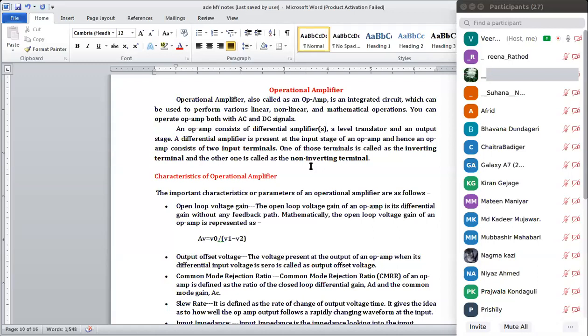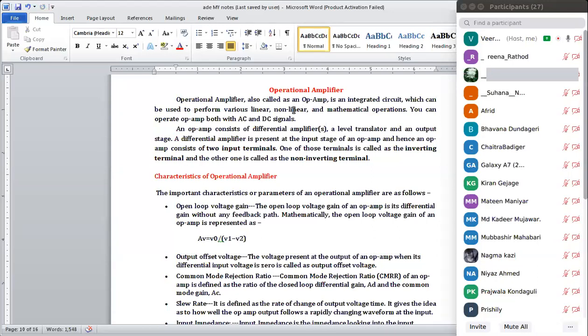So in the op-amp, a linear operational amplifier means the output is linear to the input. However the input is changing, according to that the output is going to be produced linearly. If it is non-linear, there may be a different output for the input signal.